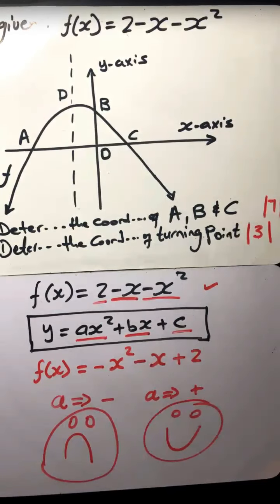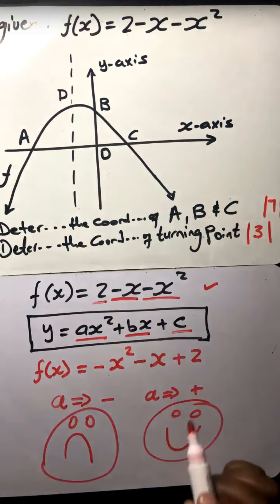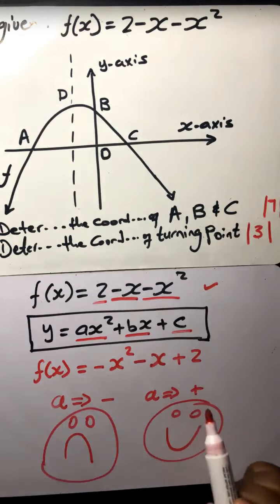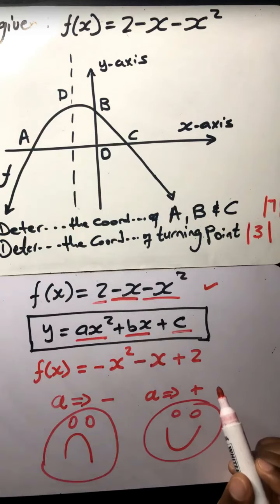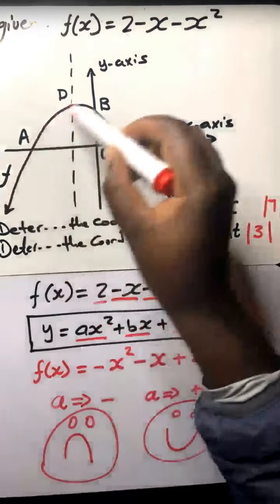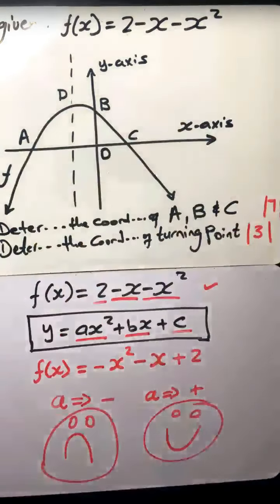So this is a question to someone who attends my lesson for the first time today. So whoever is attending my lesson for the first time today, that function, are we having a sad or a smiling shape for that parabola?